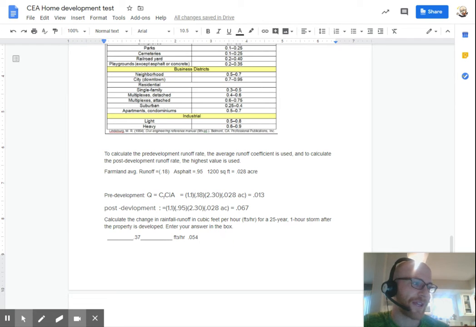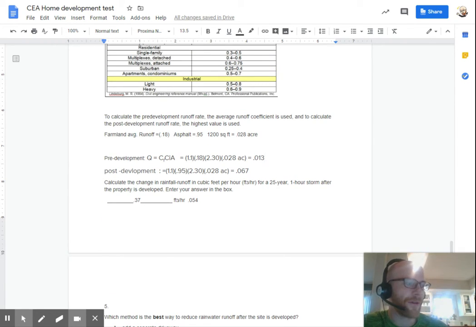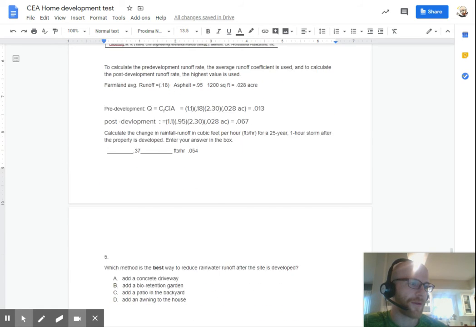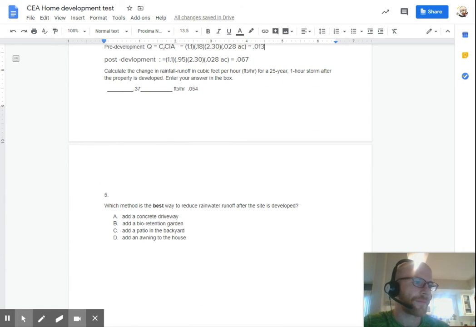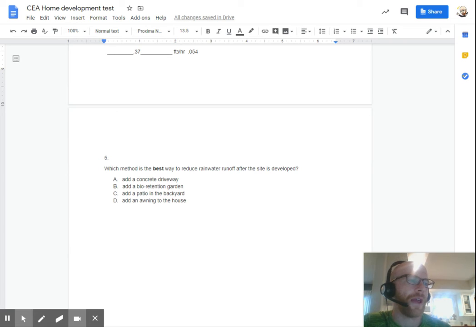So if you're just looking at these numbers here, which would be the right way to do it, then you'd get 0.054. Now this is all under residential runoff if you wanted to look in my Project Lead the Way. I think it's like 2.34, residential runoff, I think.